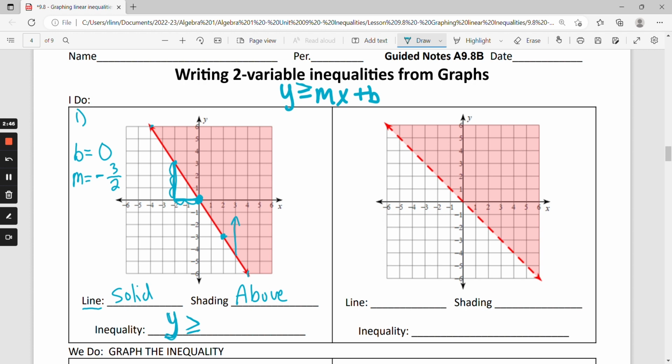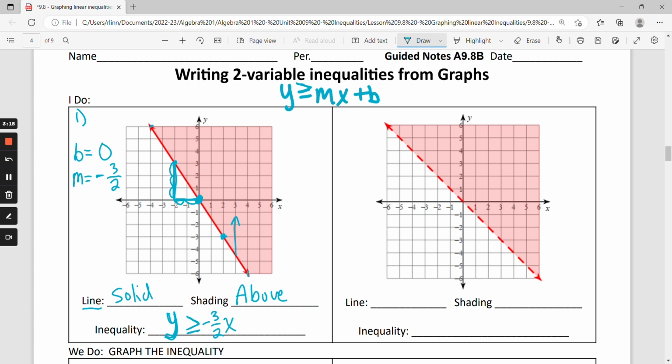Y is greater than or equal to m. Our m is -3/2, that's our slope, -3/2. X, our x stays the same, plus b. In this case, our b is 0, so we would say y is greater than or equal to -3/2 x plus 0. But of course, we don't need to write the plus 0, so we would just say y is greater than or equal to -3/2 x.